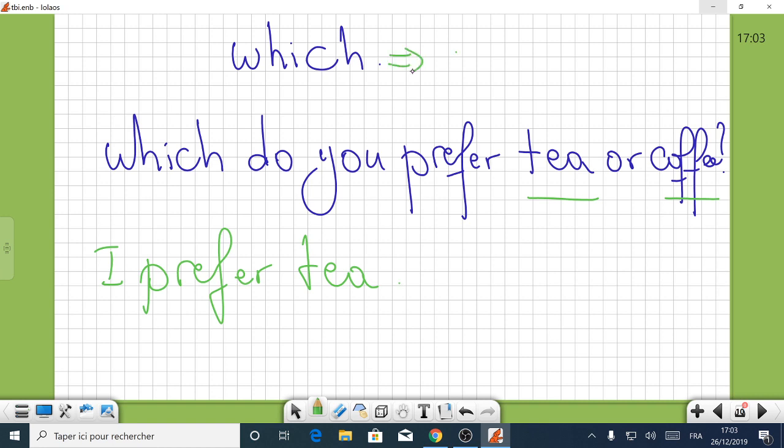So we use which if you want to give choices. Which one do you prefer, black color or white color? So here we have the option to choose from two or more things. Like for example, here we have tea and we have coffee, we have colors, we have many things to do the question with. So we use which when we have options, when we have choices between two things or more. So that's it.